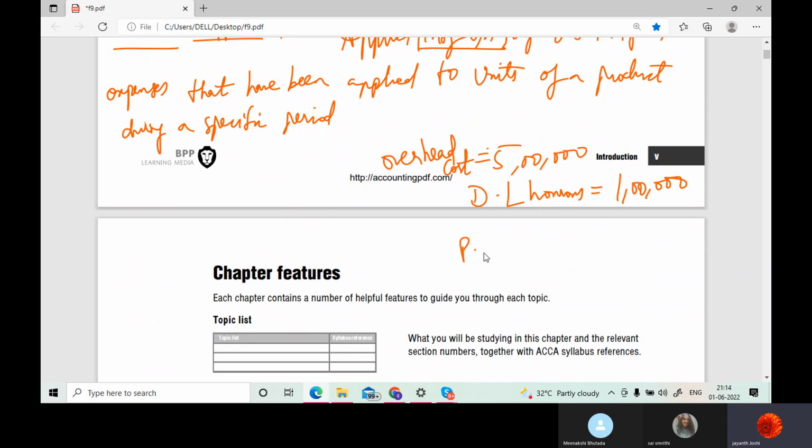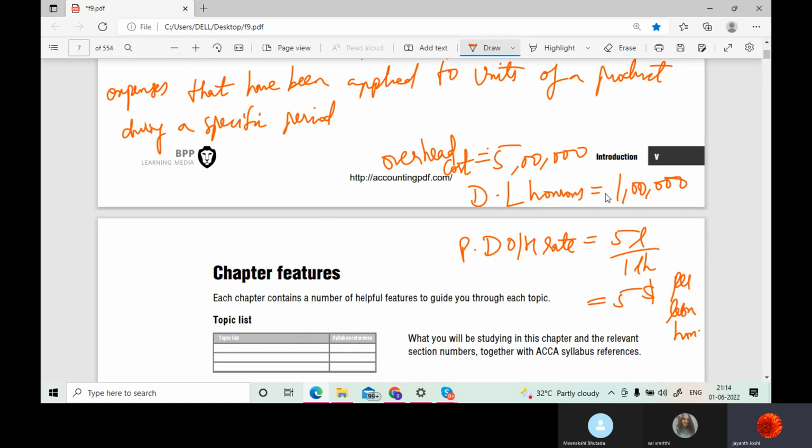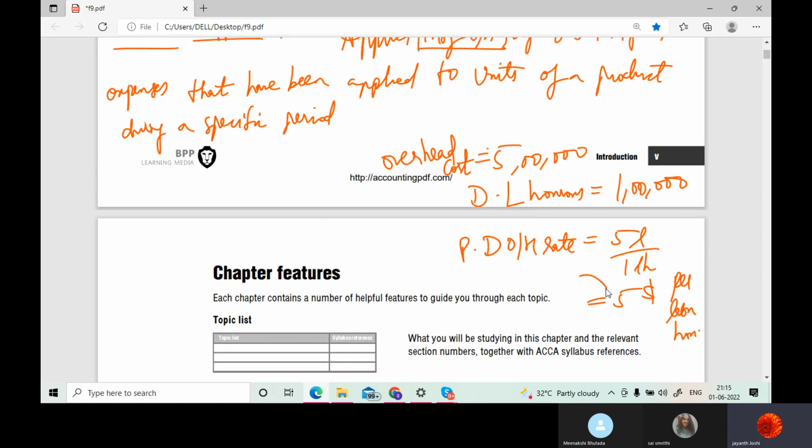So the predetermined overhead rate is 5 lakhs divided by 1 lakh hours, so it is $5 per labor hour. In this way the total amount of manufacturing overheads has been converted to a per unit rate. So please make a note of this.